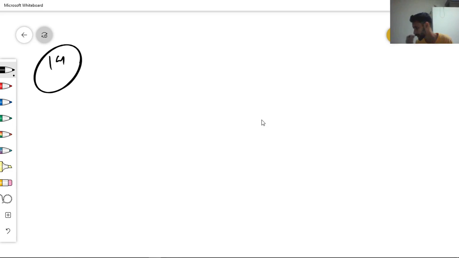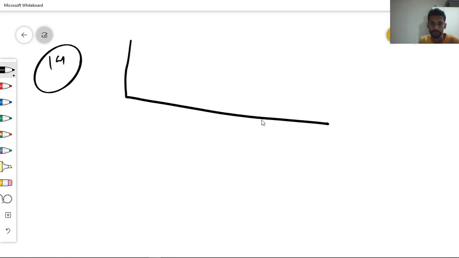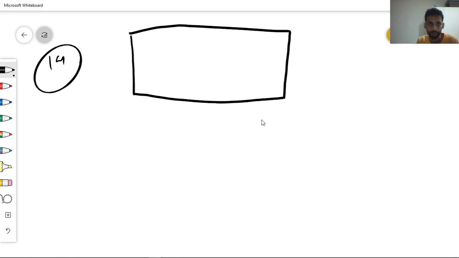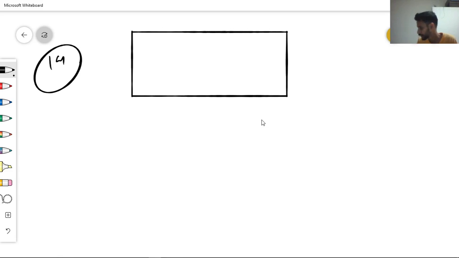So here is the figure. The figure is given, 25 meter and here it is 225 meter square.